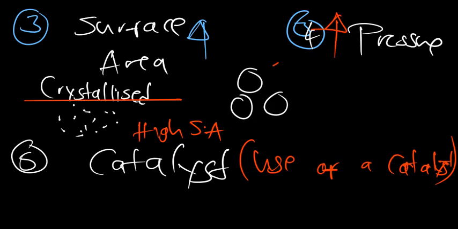This one has a lower surface area. What that implies is the contact between the particles is lower for the one with lower surface area. The one with higher surface area, the point of contact is higher.